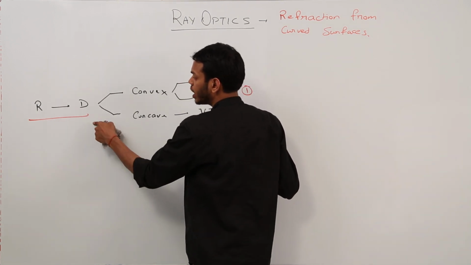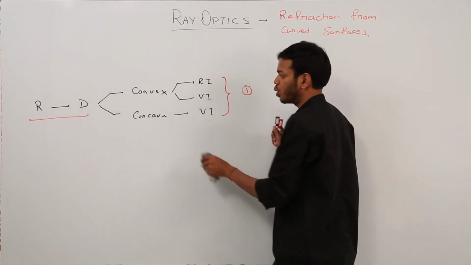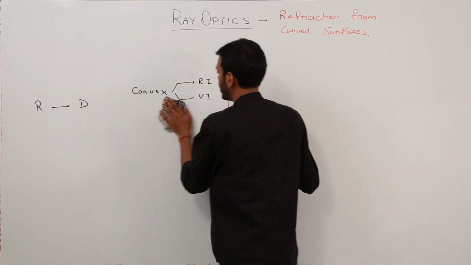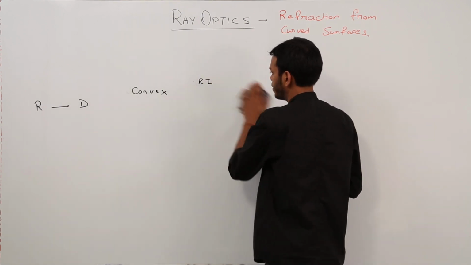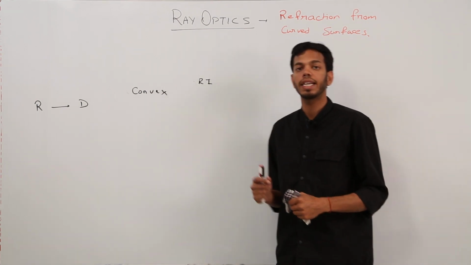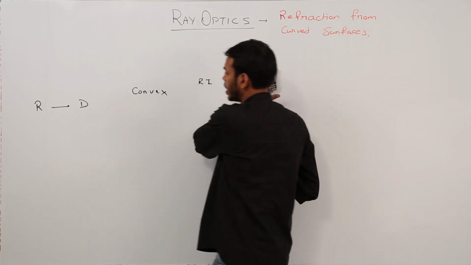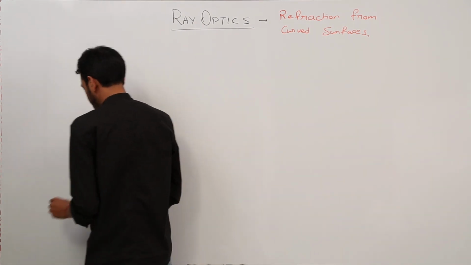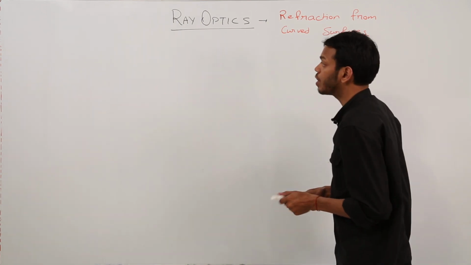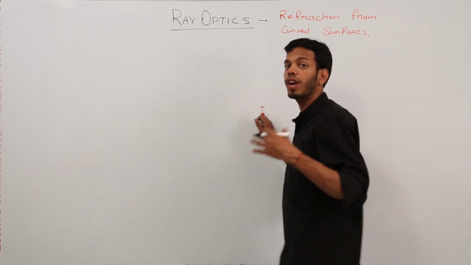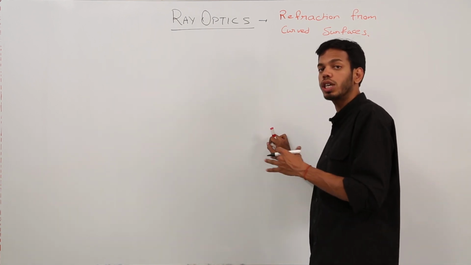We'll do it for rarer to denser, the convex and the real image. Okay, this is what we are doing, the convex and the real image. How are you going to expect questions from this topic? The questions would be: find a relation between object distance, image distance, radius of curvature and refractive indices of two mediums when refraction is taking place from rarer to denser or denser to rarer.